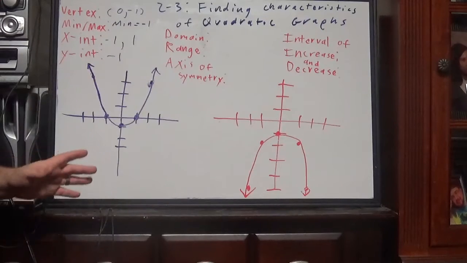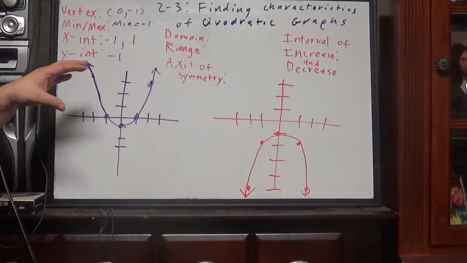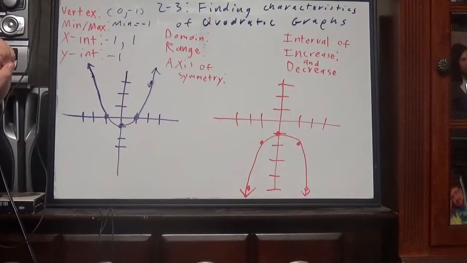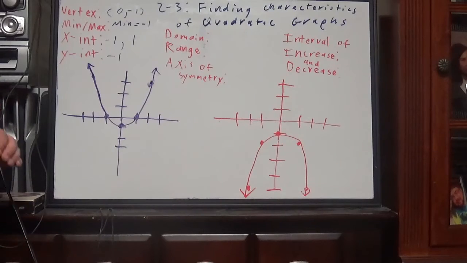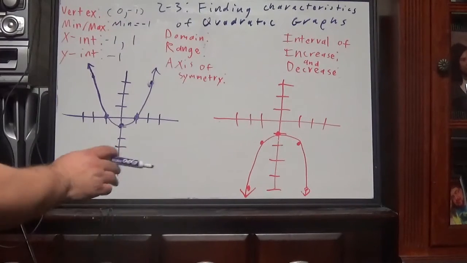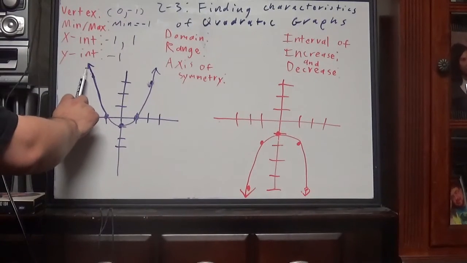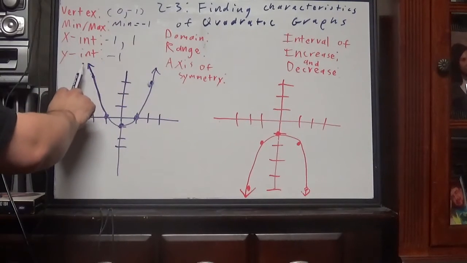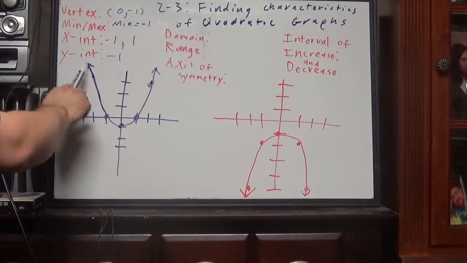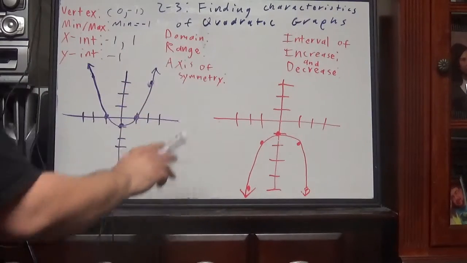And if you put it in a graphing calculator and you zoom out repeatedly, you'll see what I mean. It goes on and on and on. Because of that, there's no stopping the domain, not just going up, but going on either side.